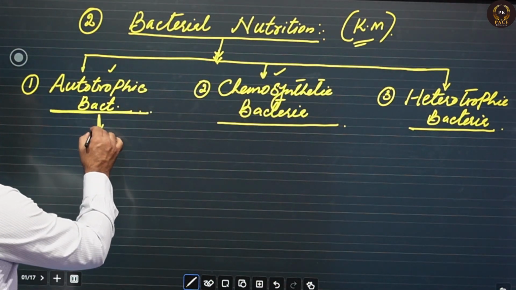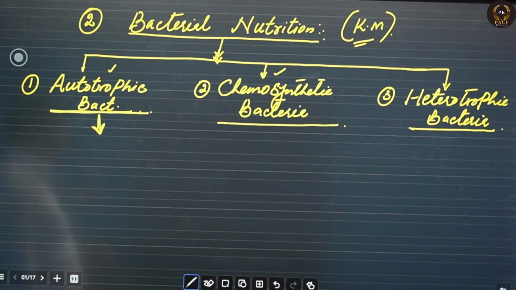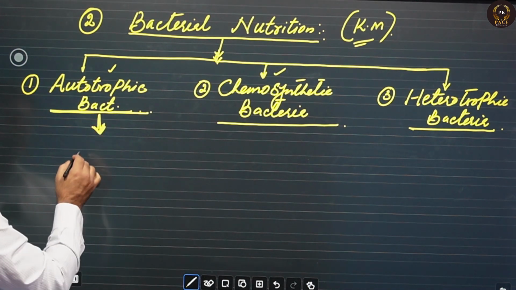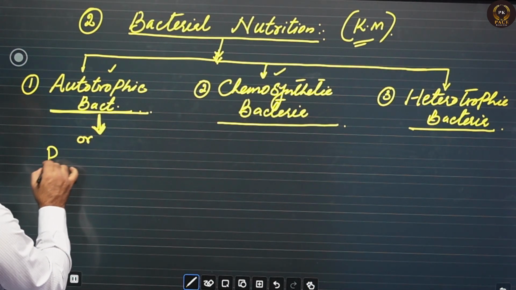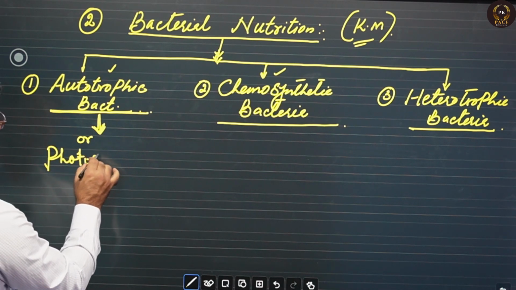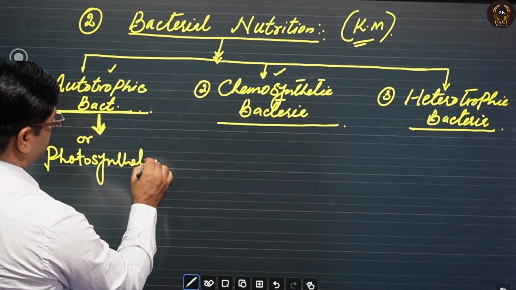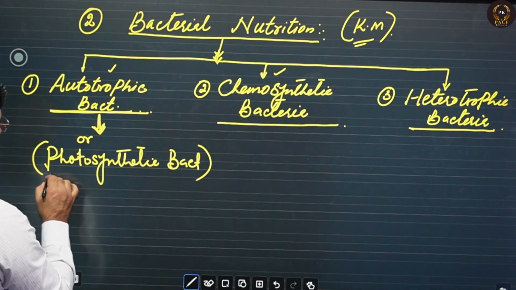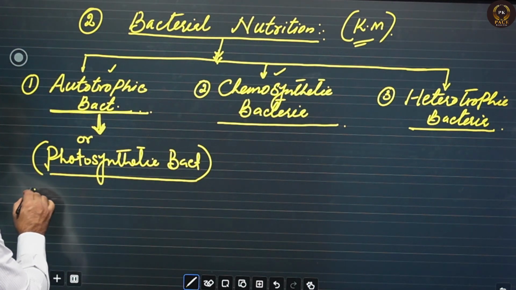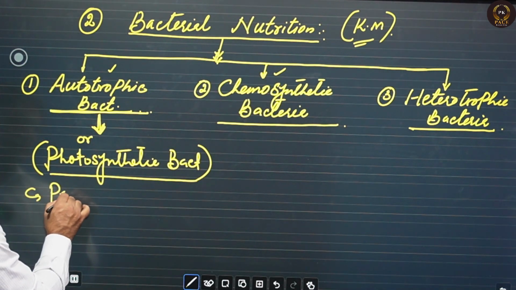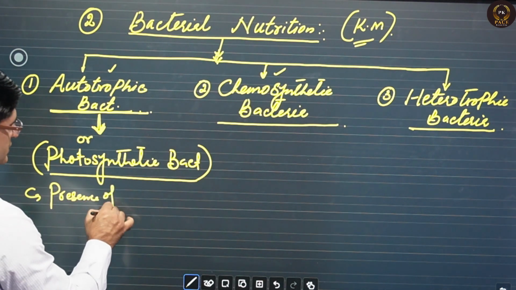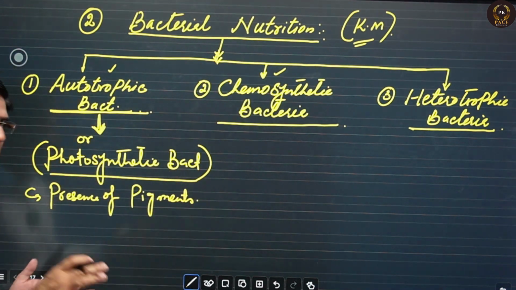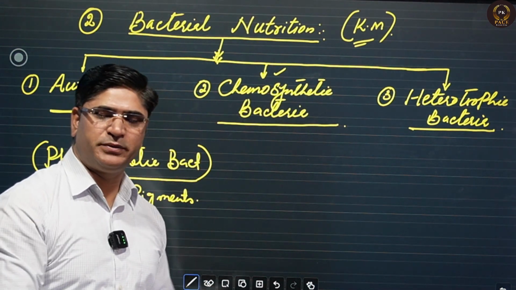Now if we talk about autotrophic bacteria, which are also known as photosynthetic bacteria, these bacteria have special pigments, like the pigments present in plant cells to obtain their own food.